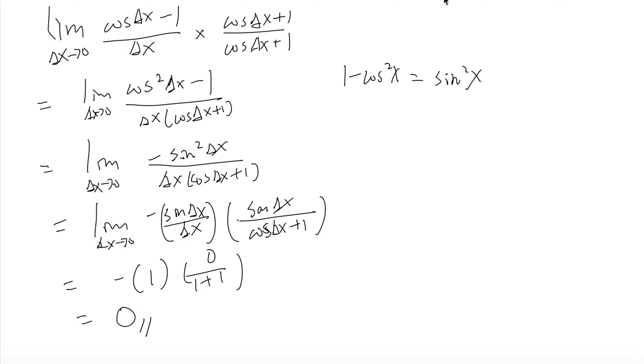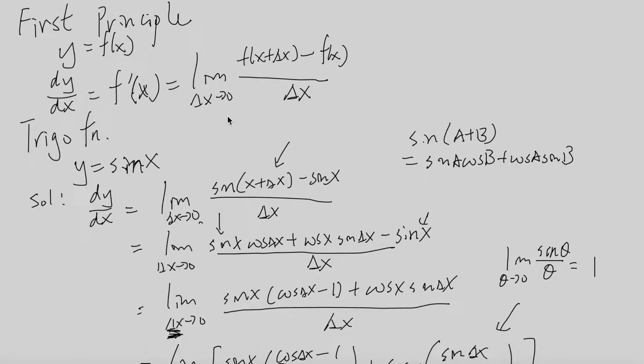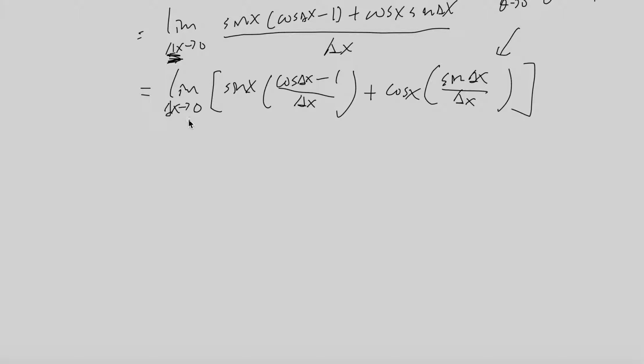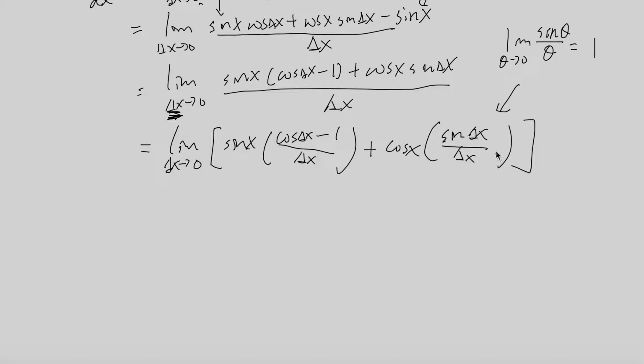Now I want to directly apply these results to the previous part. We know this limit, sine delta x over delta x, will be 1, but this limit, cosine delta x minus 1 over delta x, will be 0. So I can put it like this: sine x times 0 plus cosine x times 1.